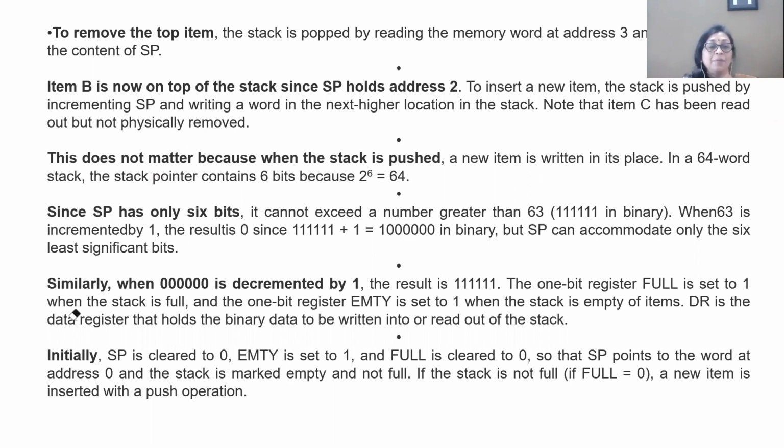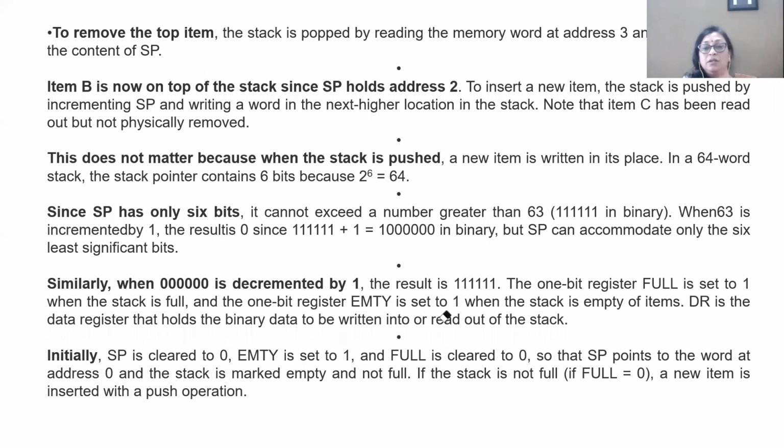Now similarly, when the contents of the stack pointer are 000000 and you try to decrement it, what will happen? So 000000 minus 1. If you work it out, the result will be 111111.